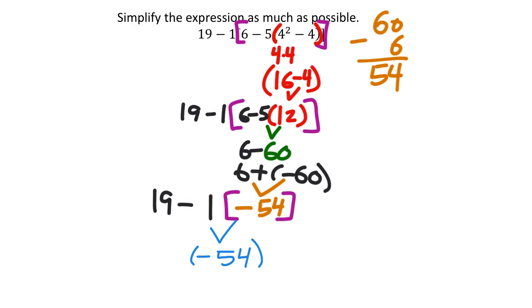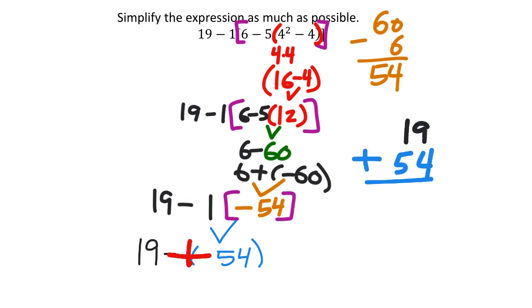I'm going to put that in parentheses just so this expression written out like this makes a little bit more sense. And from here, we're subtracting a negative, which means we can change that to a plus. So we're going to take 19 and add it to 54. 9 plus 4 is 13. 1 plus 1 plus 5 is 7. So we got 73 right there. And that is fully evaluated, right?